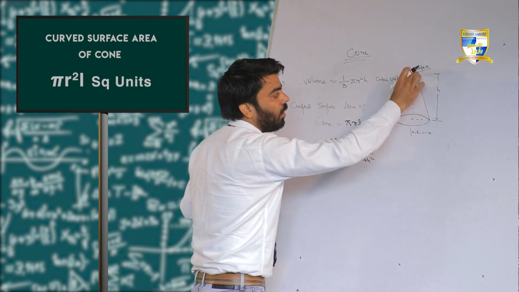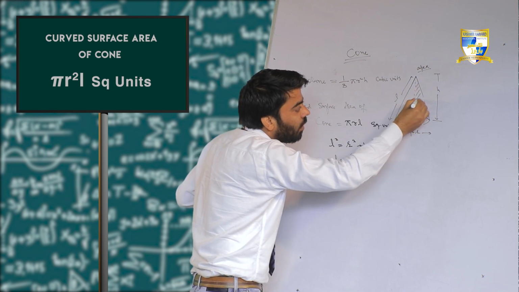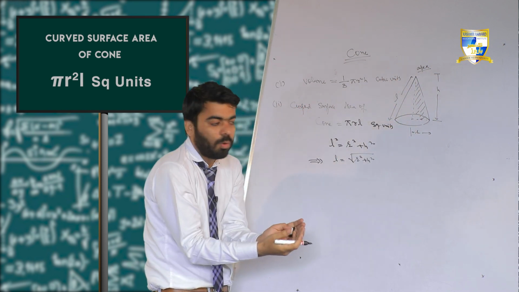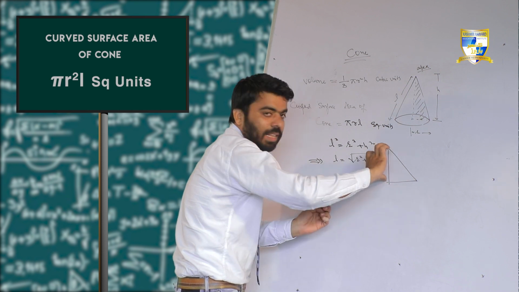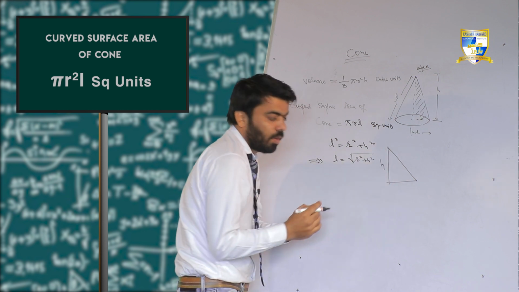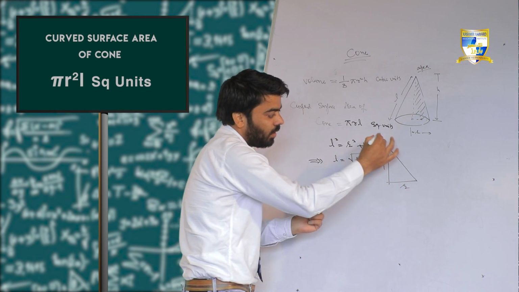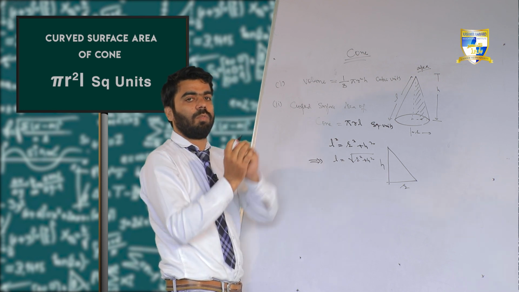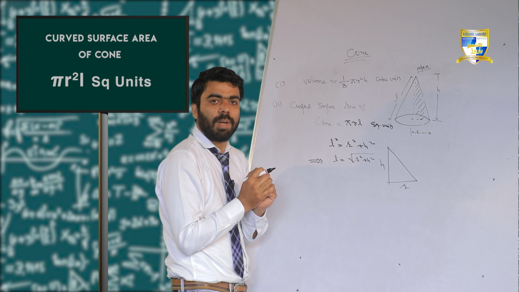Look here, this is the cone. If I make this triangle out of the cone, and draw it here, what is this line? This is h. What is this line? This is r. This is a right angle triangle. So we can definitely use the Pythagoras theorem: hypotenuse square is equal to base square plus perpendicular square.